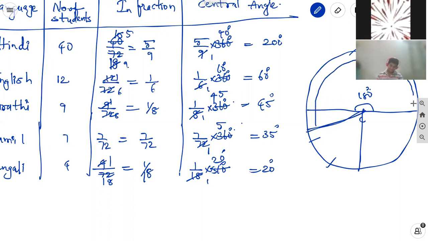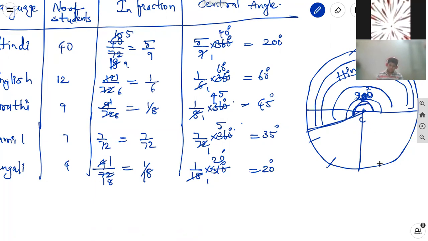This total part is speaking Hindi. This is making 200 degrees. This whole part is making 200 degrees. Next, up to here. So 20 degrees over.